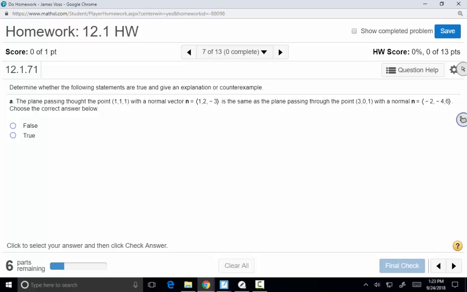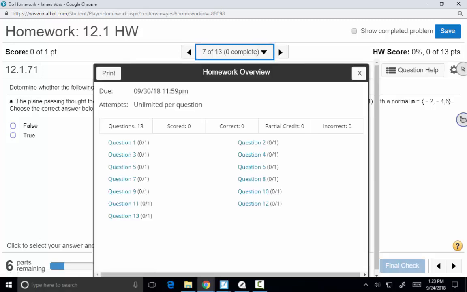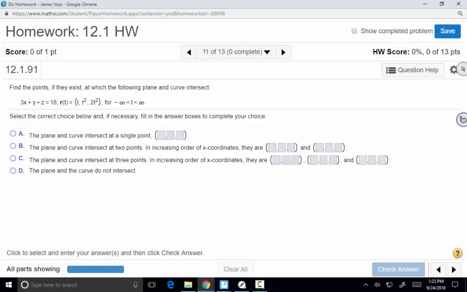If you've got some tilted plane, there's an infinite number of points that have a z value of 1, an infinite number of points that have a y value of 1, an infinite number of points that have an x value of 1, if the plane is tilted and not parallel to a coordinate plane. So that's not enough to tell. Yeah, so if you write out the two plane equations, you will see it crystal clear.